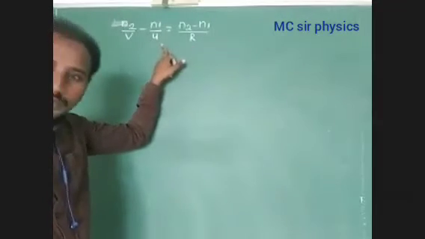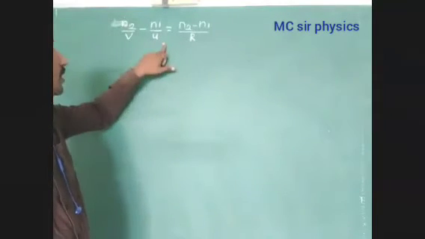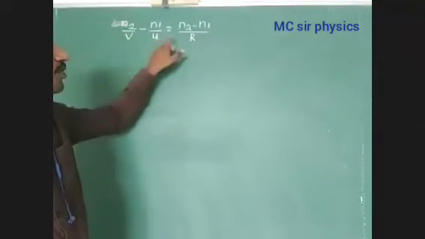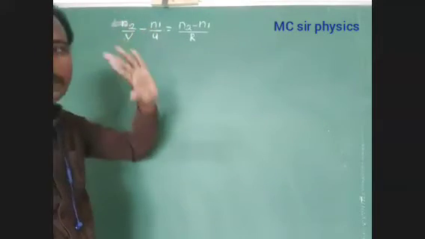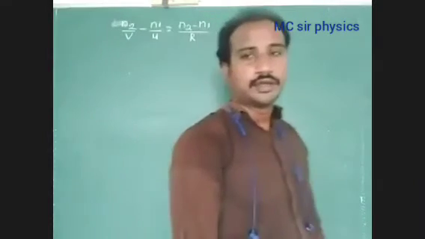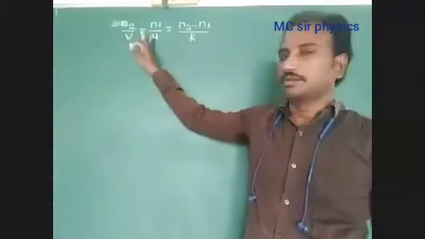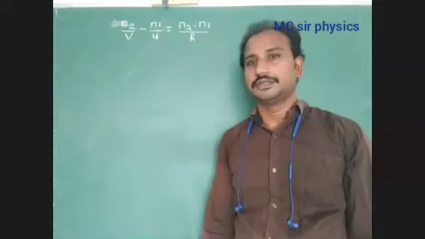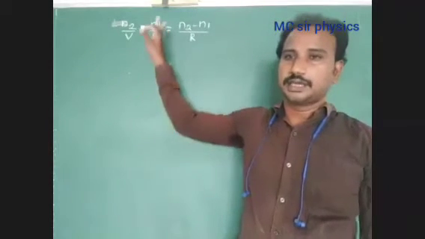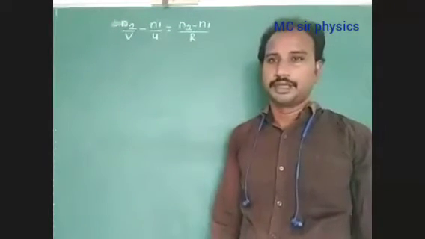This formula gives the relation between V, U, R and the refractive index of the first medium and second medium. We have to derive it for concave curved surface and convex curved surface. Both curved surfaces have the same formula.